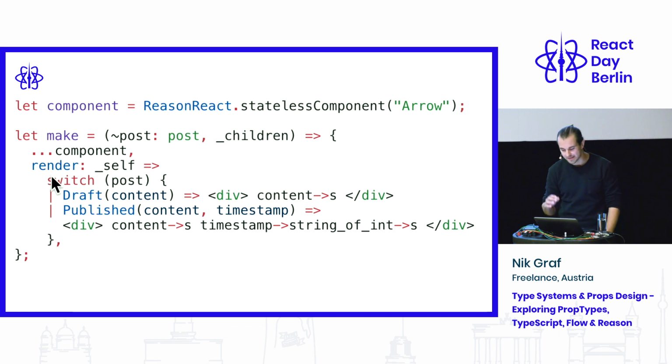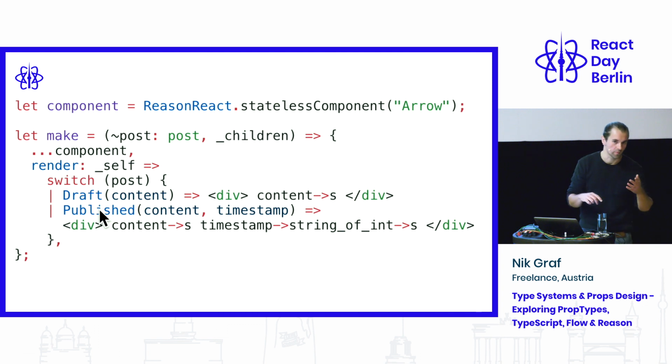But it's the same thing. You just have a switch expression in this case, and you can basically pattern match on it: if it's this, then do that. If it's this, do that. The one really important benefit about this is that if you miss one case, Reason will tell you right away.